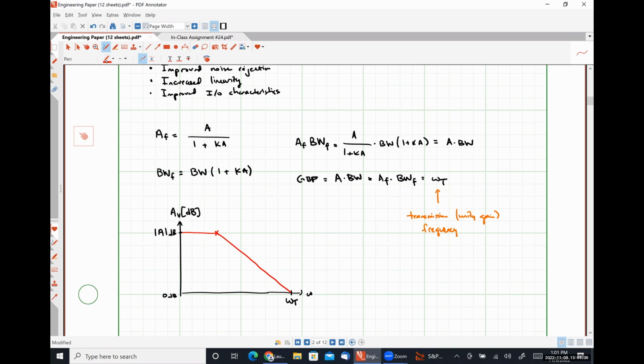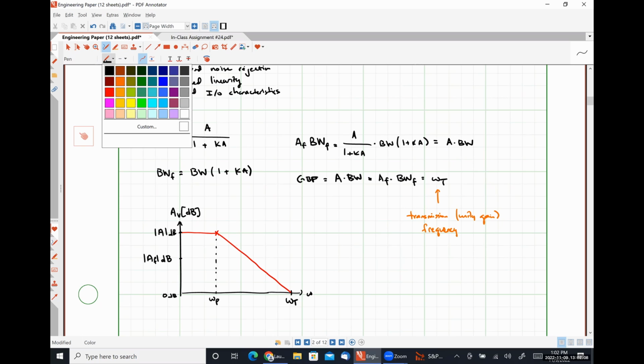And this frequency right here corresponds to the location of the pole for our single pole amplifier. When feedback is applied, let's say that this point here corresponds to what the magnitude of our gain with feedback is.